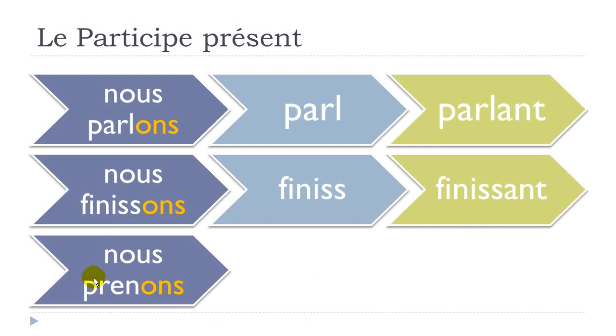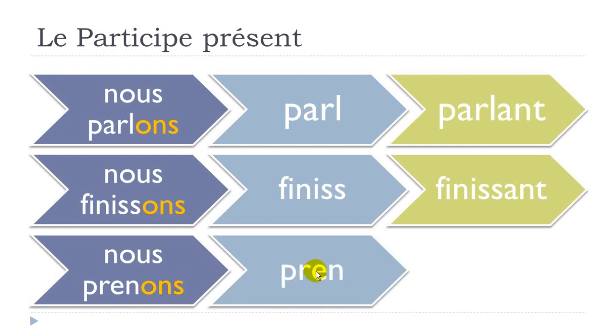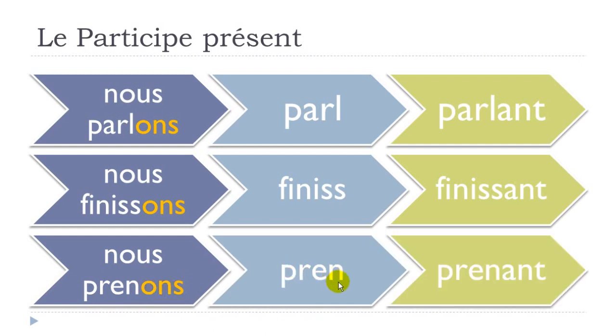And then I just took the verb prendre. Prendre is to take, and then we get the form nous prenons. Okay, nous prenons, exactly the same thing. So we spot this ONS, so the ending, we take it away, and we get P-R-E-N, and after that we just add this A-N-T ending, and we get prenant. All right, so it's actually quite easy to make, especially if you master quite well the present tense.